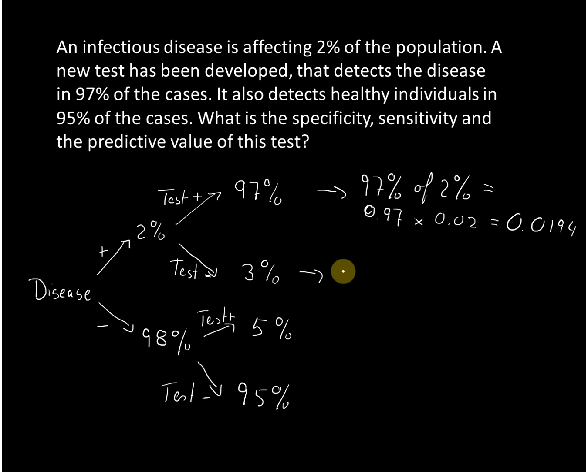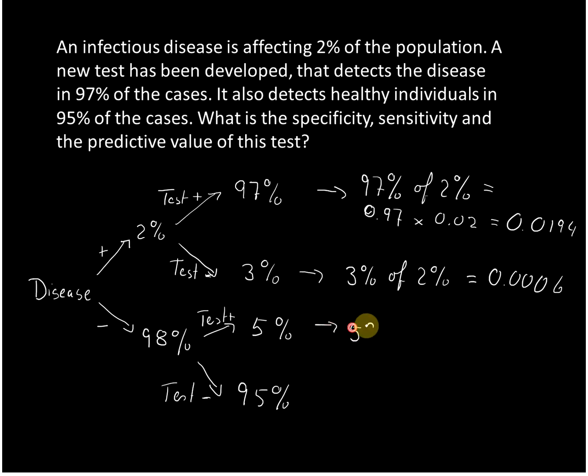Likewise, here we can say 3% of 2%. These are the individuals that have the disease but test negative. And this would give us 0.03 times 0.02. This gives us 0.0006.